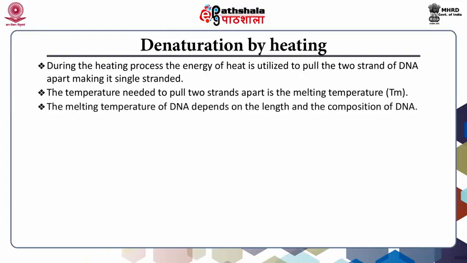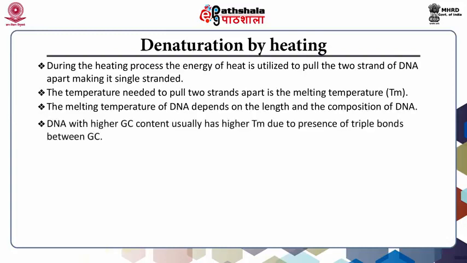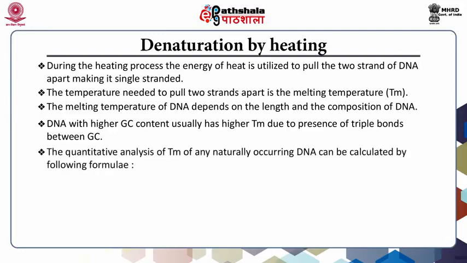The melting temperature, Tm, will depend on the length and composition of the DNA. You can understand yourself that if DNA has higher GC content, then it will have higher Tm, because GC are linked by 3 bonds. The quantitative analysis of Tm of any naturally occurring DNA can be calculated by the following formula.